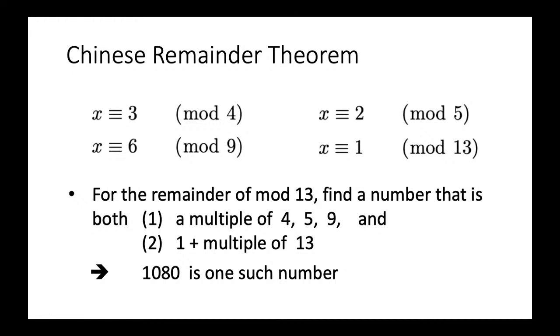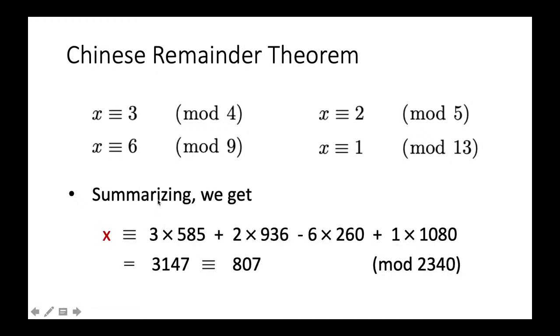So using the same technique as before, we'll multiply the remainder here by 585, the remainder here by 936, the remainder here by minus 260, and the remainder here by 1080. After doing some calculation, we find that it is equal to 3147. So one particular x that satisfies this will be 3147.